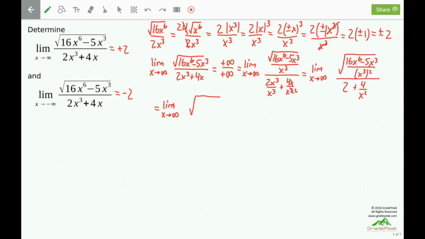In the numerator, each term can be written over x cubed squared. x cubed squared, you multiply those exponents, 3 times 2, is x to the 6th. So each term can be written over x to the 6th.